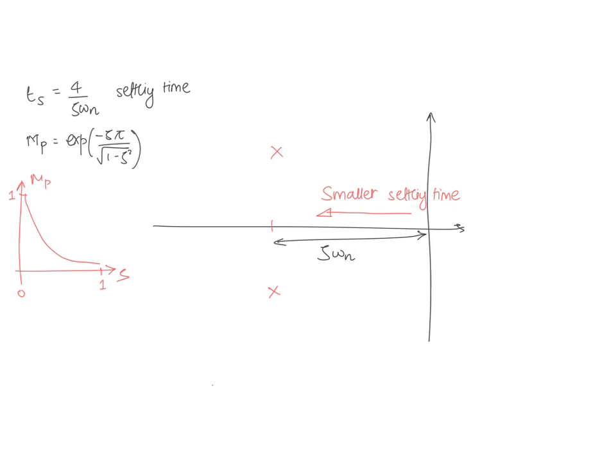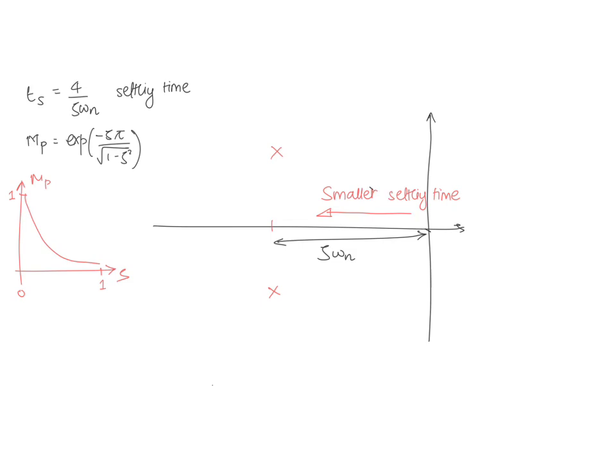So all we have to do now is identify where the areas are where zeta is big or small, and that we can identify from the previous slide, which is basically saying that the locus, or the locations where you have constant zetas, are straight lines from the origin.